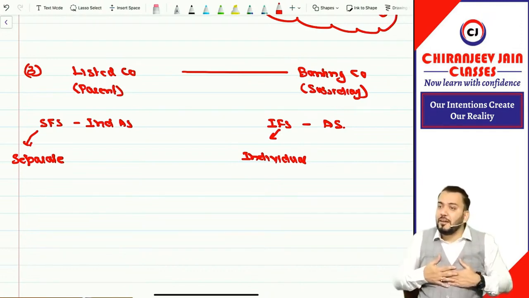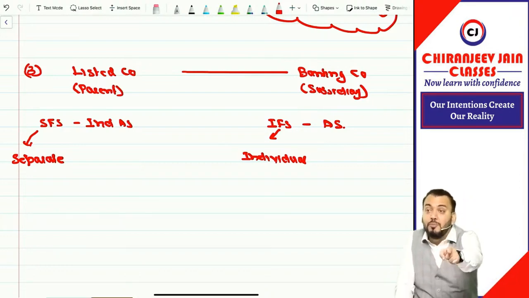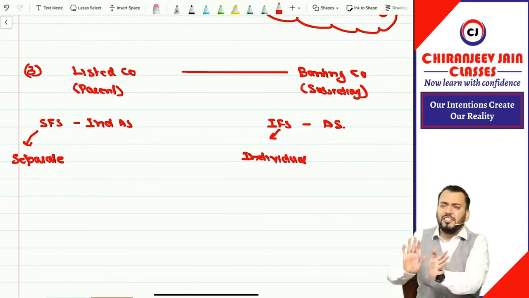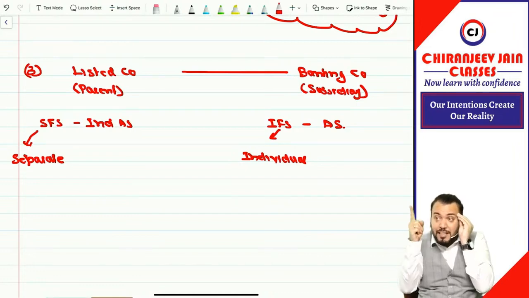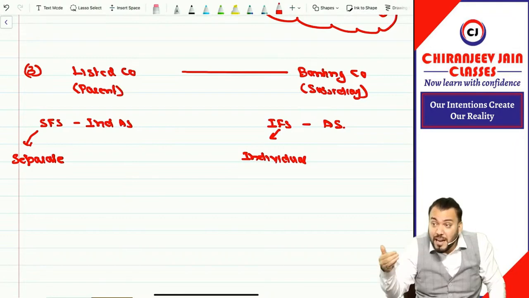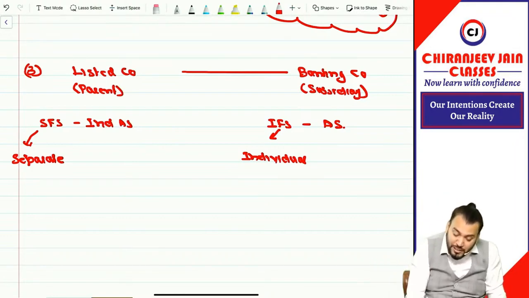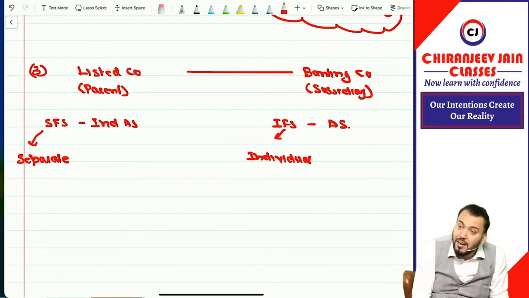Why the different names, we'll discuss later. But whenever I say SFS, in your mind a parent company should come. When I say IFS, any company which is not a parent company should come. Therefore, for the subsidiary I have written IFS, and for the parent company I have written SFS.